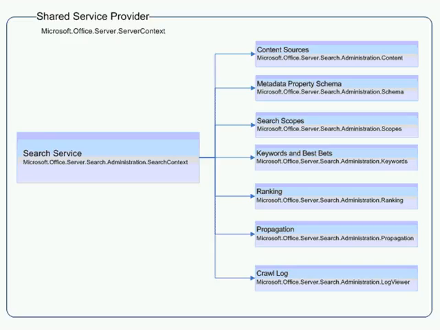So my search service, search context, and then I have my content sources, like we were just looking at, whether it be allin.com, file shares, etc. My metadata property schema, so that's where that reseller city is living. My search scopes, keywords and best bets, any sort of ranking, propagation status, and then my crawl log. So this is all accessible via PowerShell.